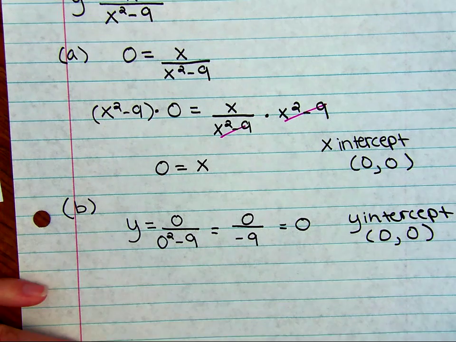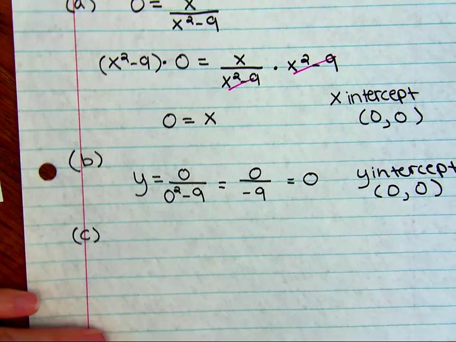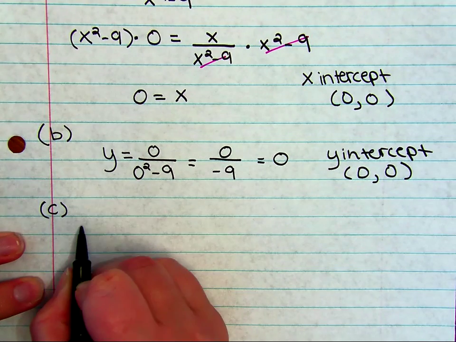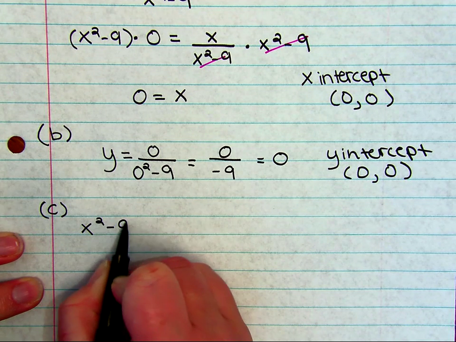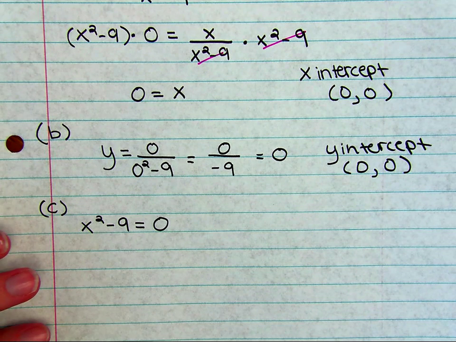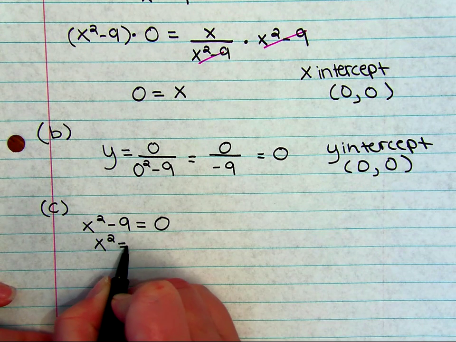Okay? Part C, I'm supposed to find the vertical asymptote. So if you don't remember how to do that, look back in the notes that we took, but I'm going to remind you again. Vertical asymptotes, I set the denominator equal to 0. So I just take x squared minus 9 and set it equal to 0. Now, I can just factor this, or I can go ahead and solve it by square roots. X squared equals 9.